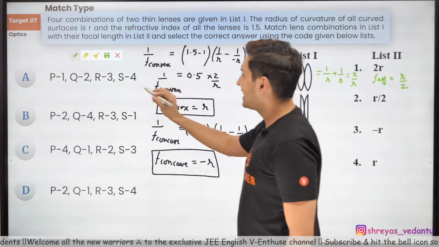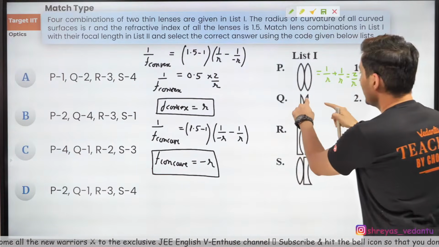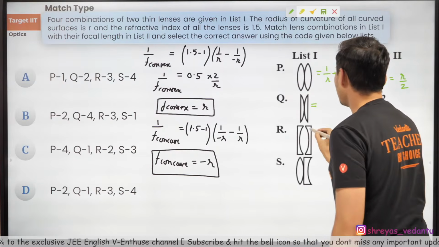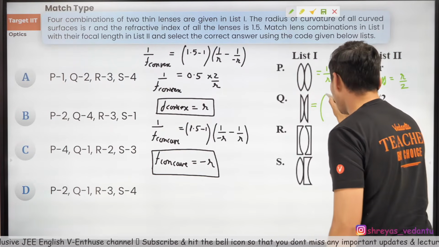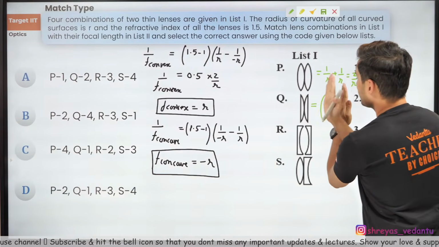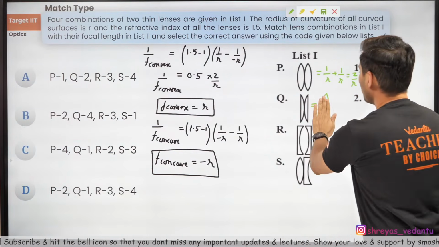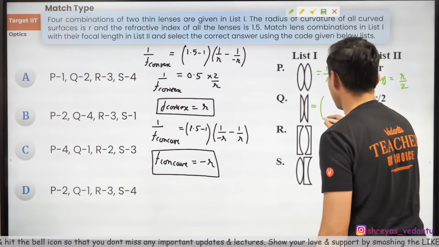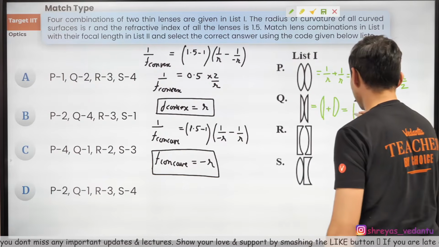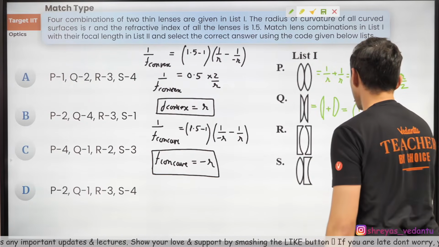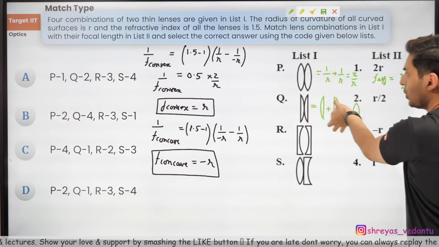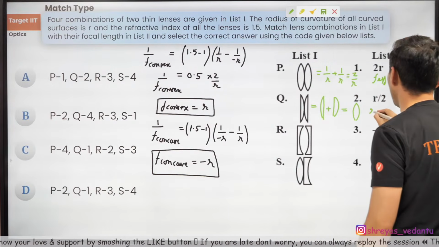Now the next thing, try to do this part. These two half convex lenses is actually nothing but one single convex lens, just that you have divided this and you have switched their places. So this is same as this plus this, which is same as just this one, or just normal convex lens. And we know what is the formula for focal length for just a normal convex lens. It just came out to be r.